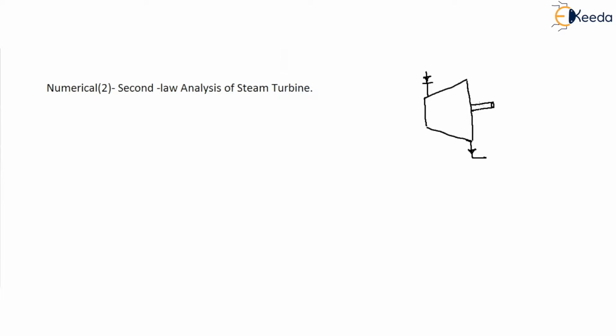So this is your steam turbine. Now the steam enters the turbine in a steady manner, steady flow. So this is a steady flow device. This is your control volume.